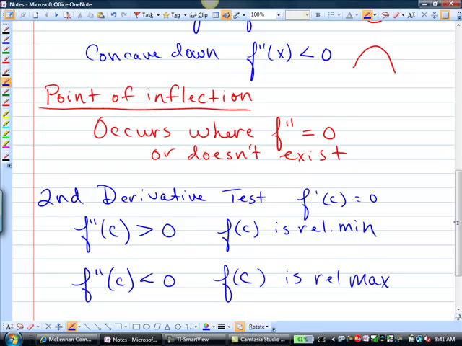This is saying if the second derivative is positive, then f of c is a min. It's kind of opposite in your head, or should be. And if it's less than 0, then it's a max.